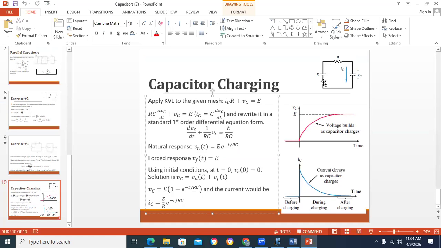When the Kirchhoff law is applied, E, the voltage source, is equal to IR, that is the voltage of the resistor, and VC, that is the voltage of the capacitor. Then in IR, the I can be written like this, C into dV/dt. So by substituting that value, you can get this differential equation.